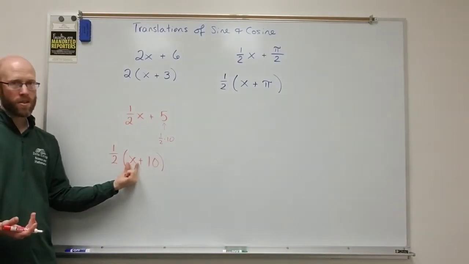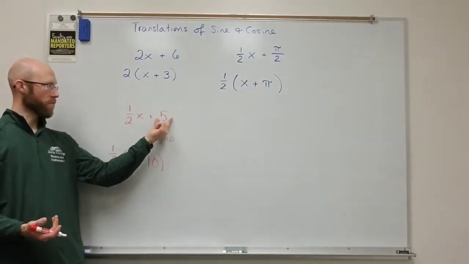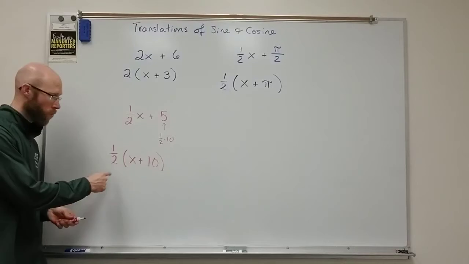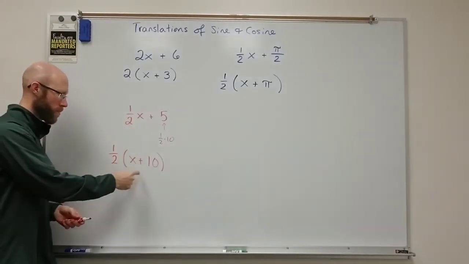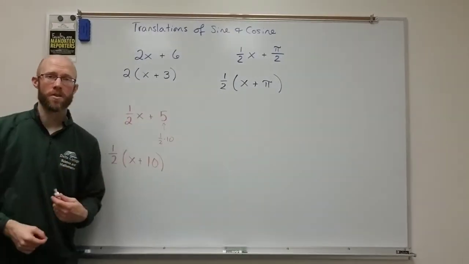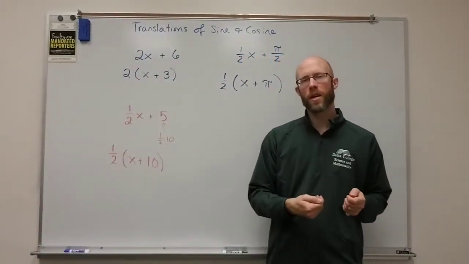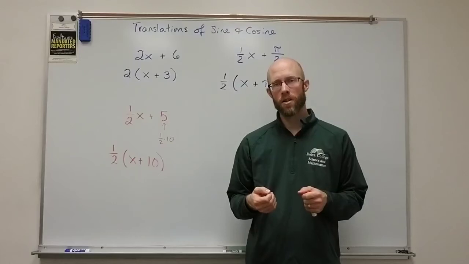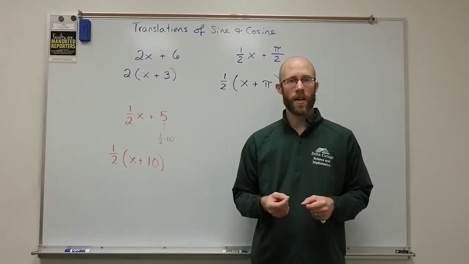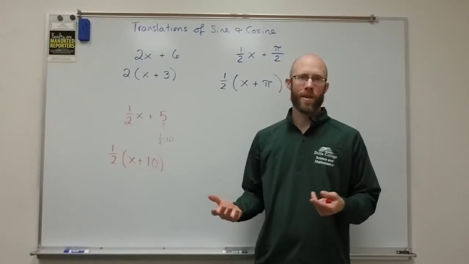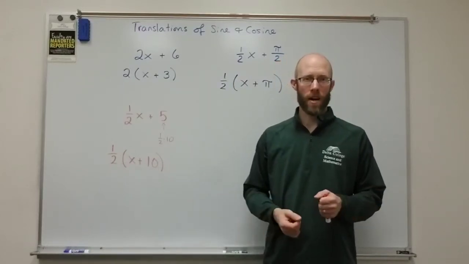Well, just the x. What do you multiply by a half to get 5? Well, the answer is 10, right? So if I redistribute, 1/2 times x is 1/2 x, 1/2 times 10 is 5. It does work out, okay? So we can actually factor out things that are not clearly common factors, because in some sense, when we deal with fractions, we can pretty much make anything a common factor, okay?